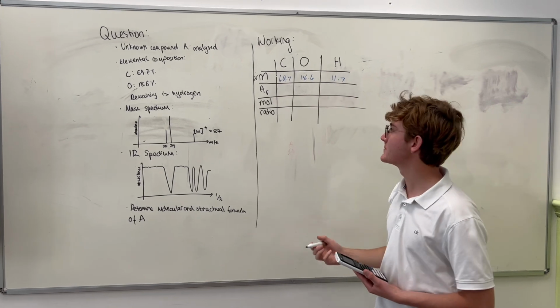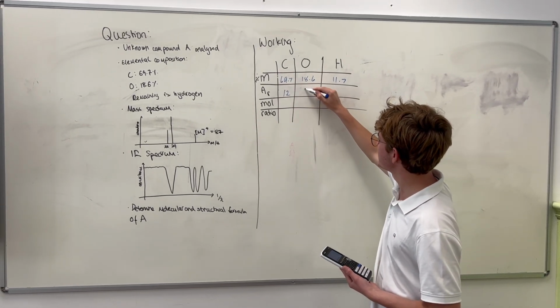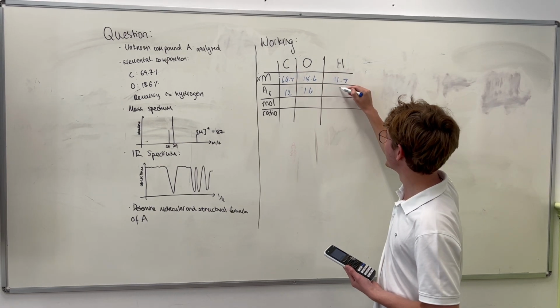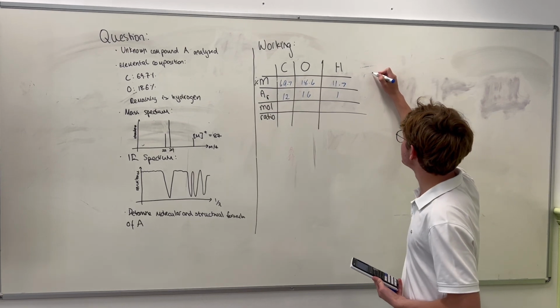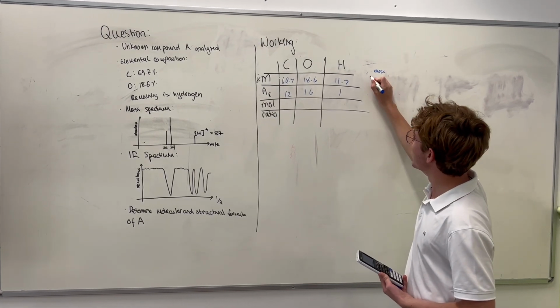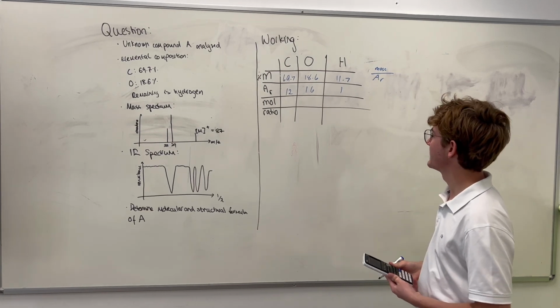Now the relative atomic mass for these elements, as I'm sure you know, is 12 for carbon, 16 for oxygen, and 1 for hydrogen. So to calculate the moles, we are just going to be doing mass over the relative atomic mass.